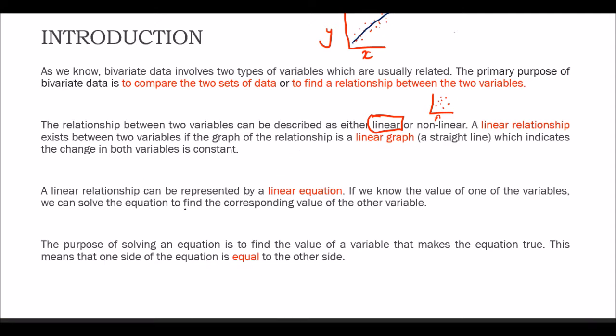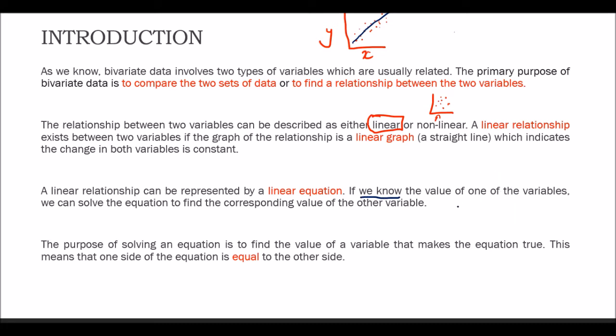Okay. A linear relationship can be represented by a linear equation. If we know the value of one of the variables, we can solve the equation and find the corresponding value of the other variables. So what this is saying is you can actually find the unknowns, whatever they might be, if you know the value of one of the variables.